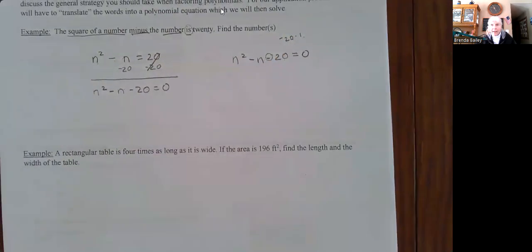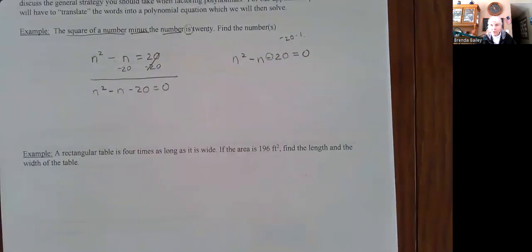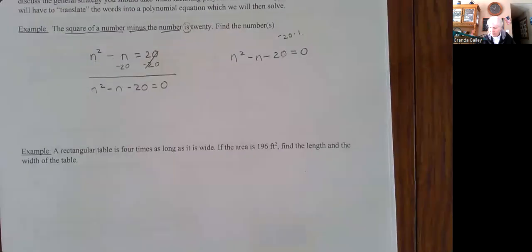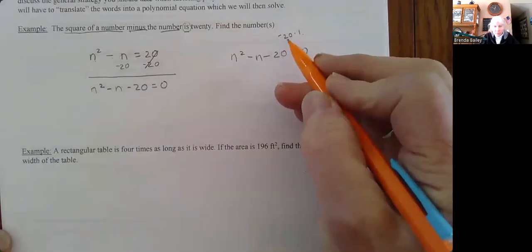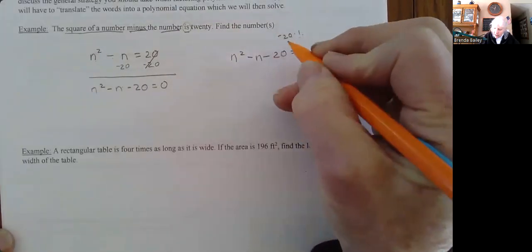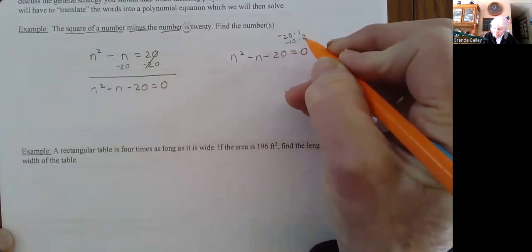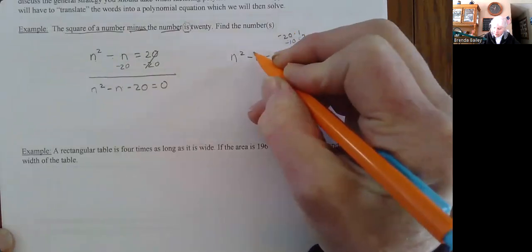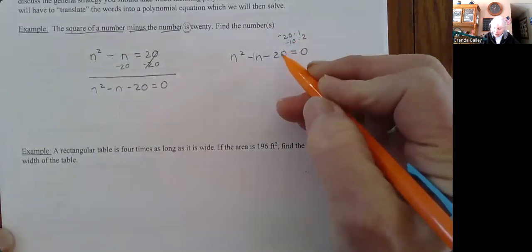So then you're going to try another set. Okay, so we know that -20 and the 1 doesn't work, so you could try -10 times 2. Add them together, you don't get the -1, but multiplied, sure, you get that.